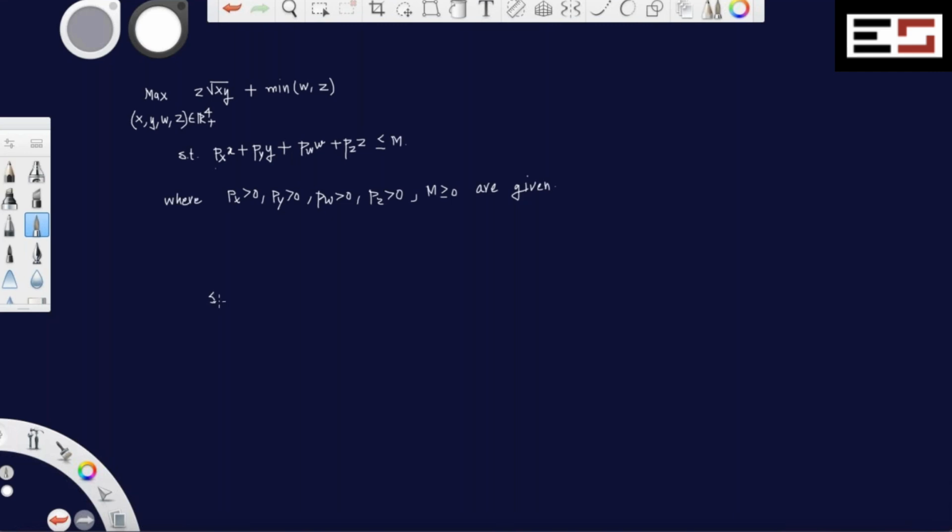Step one is to allocate the total income M. Out of the total income M, allocate the amount MXY for X and Y, and the remaining amount MWZ for W and Z. Basically, out of it you can allocate MXY for XY and MWZ for W and Z.